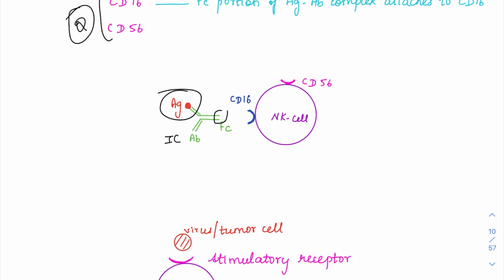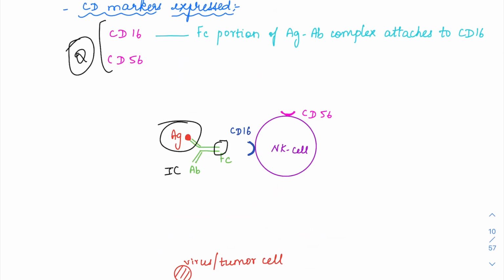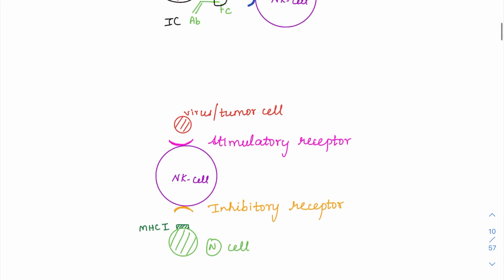This part of the immunoglobulin was called the Fc portion, remember? This Fc portion can either attach with the CD16 of the NK cell and cause NK cell activation, or it can attach with the Fc receptor present on WBCs and cause complement activation. So CD16 is present on NK cells, and it is going to interact with the Fc portion of the antigen antibody complex.